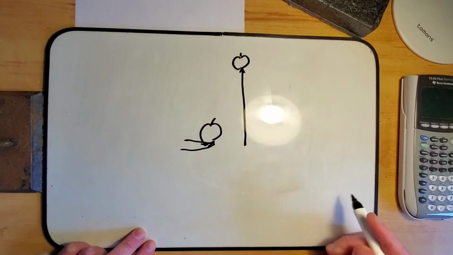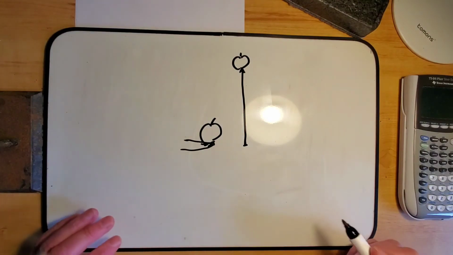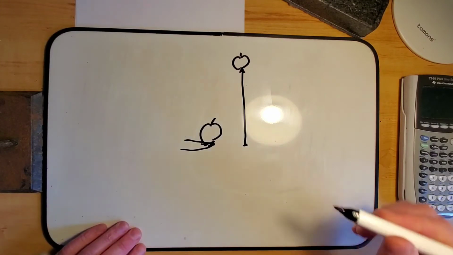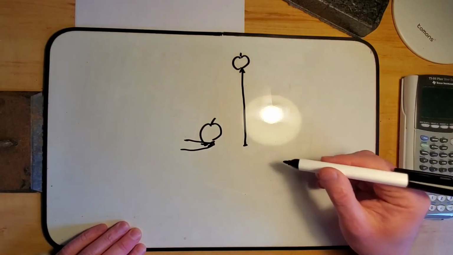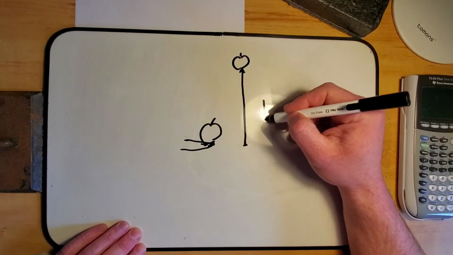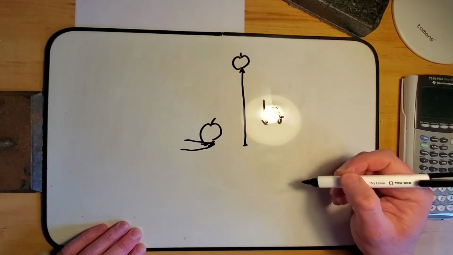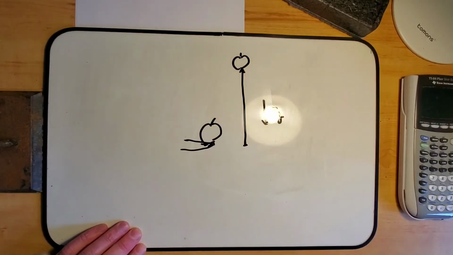Now, a lot of times students are confused about assigning work as positive or negative. But as the apple goes up, you know from the previous discussion that the force of gravity is a vector pointing downwards.